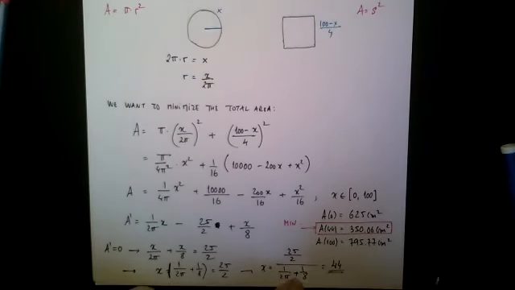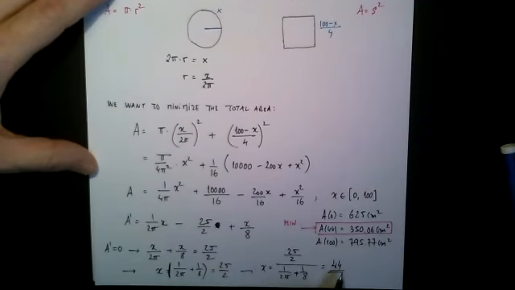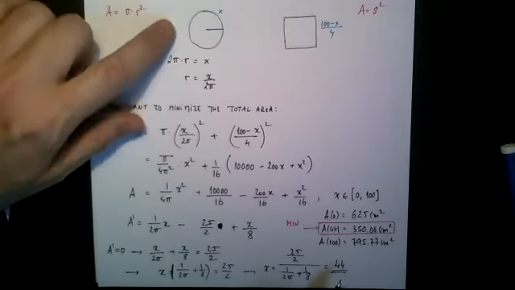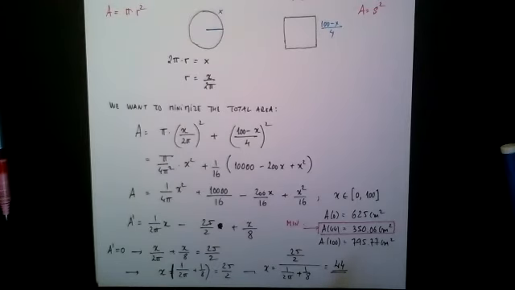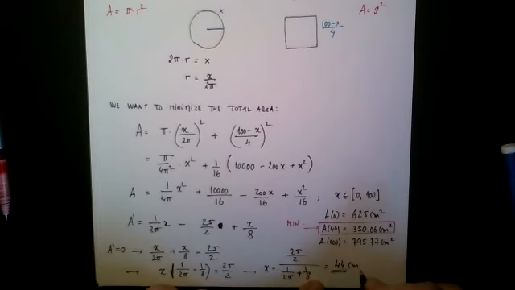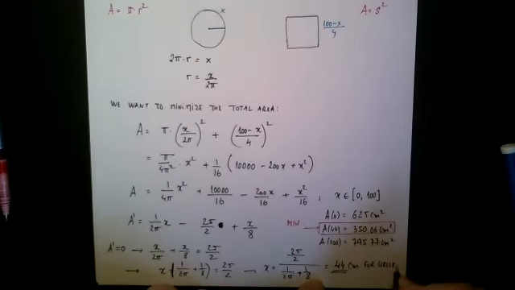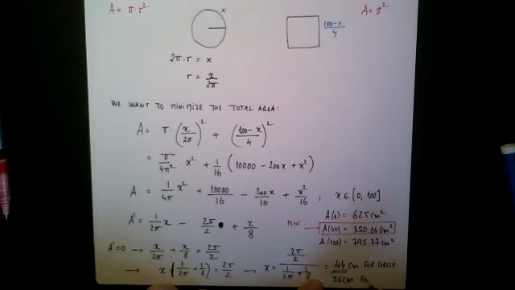Okay, so we got it right. It means that we need 44 centimeters for x, which means for the circle, and of course 100 minus 44, which is 56, for the square. And so 56 centimeters for the square.